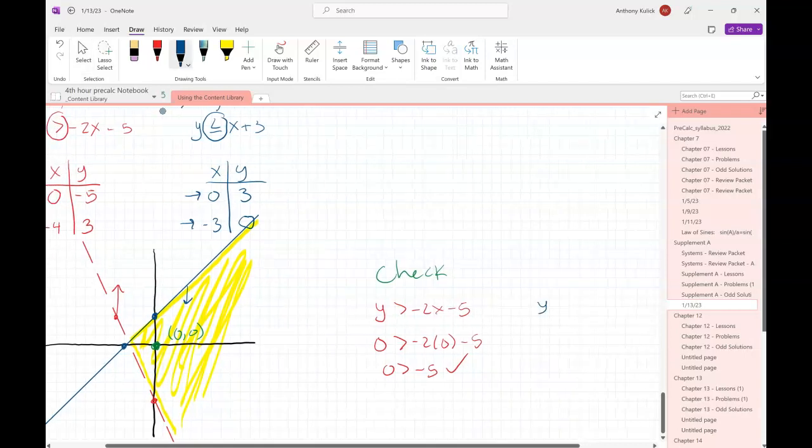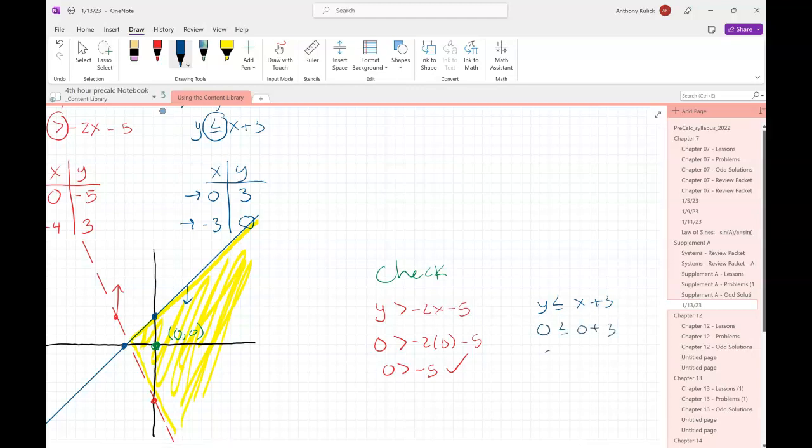And then if I take my second inequality and plug 0 in, I get 0 is less than or equal to 3. Well, that's true. So that point that I've chosen is part of the solution set for this system of inequalities because it satisfies both inequalities. So I'm pretty sure at this point that I've drawn my picture correctly. Is that perfect? No, but it's usually pretty good.